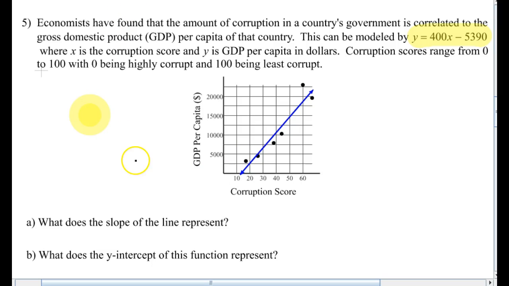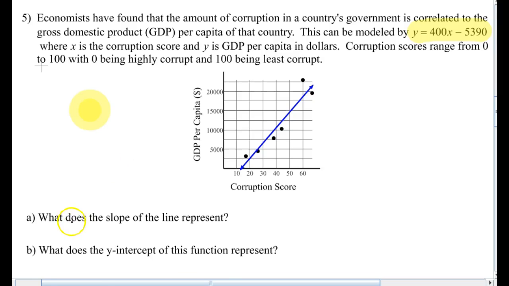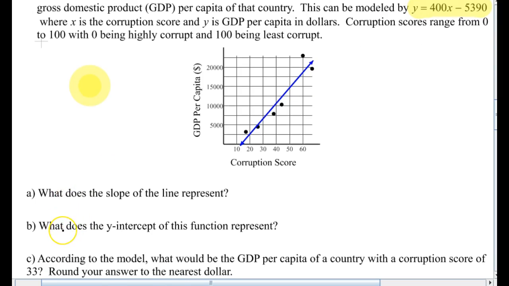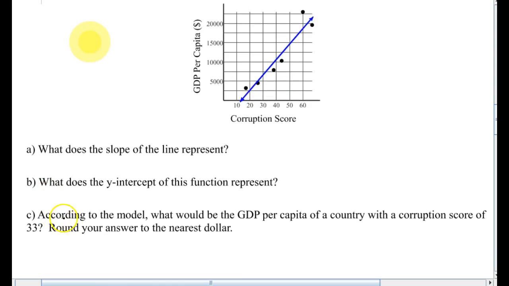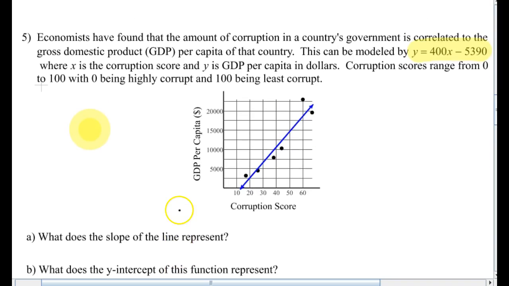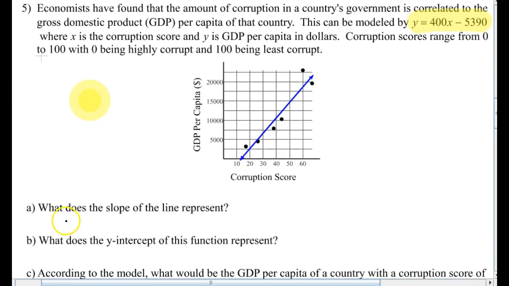Okay, so it says, what does the slope represent? What does the y-intercept represent? And then use the model to predict something. Okay, the whole idea. So let's first talk about the slope. Remember, the slope is rise over run, right? That's what slope is.